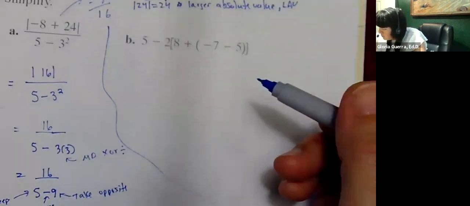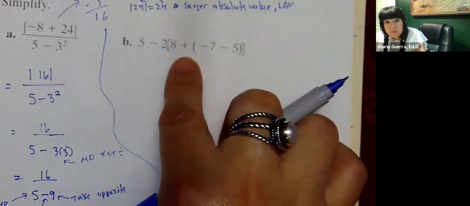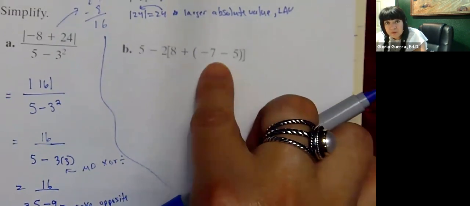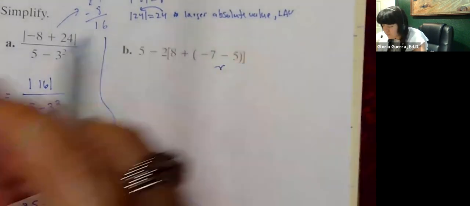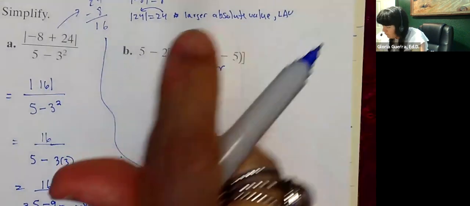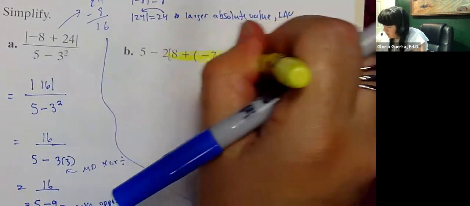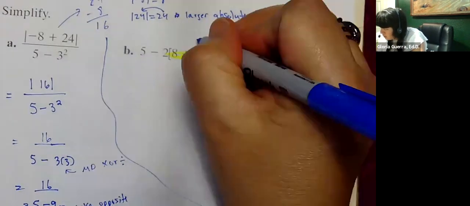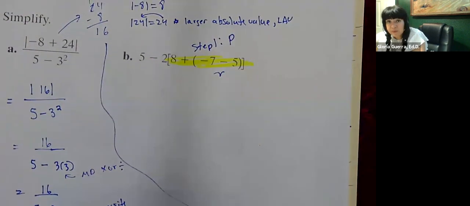So then this last piece here, you have grouping symbols inside grouping symbols. So you start with your innermost. Definitely focus on this first before anything else, because that's step one, which is the P, doing operations inside grouping symbols.